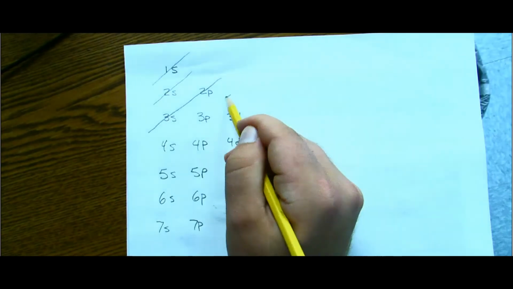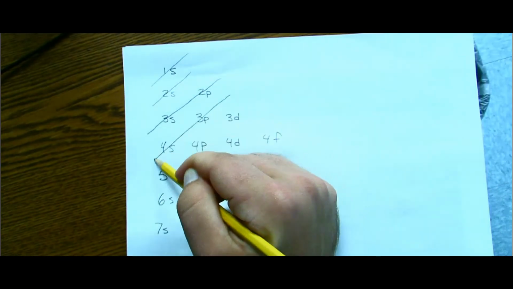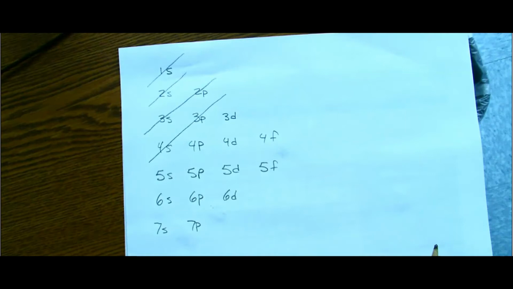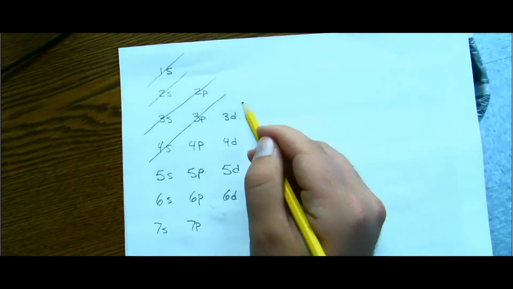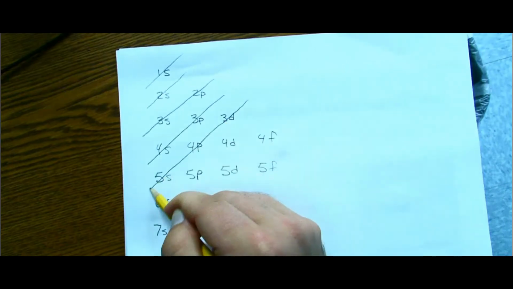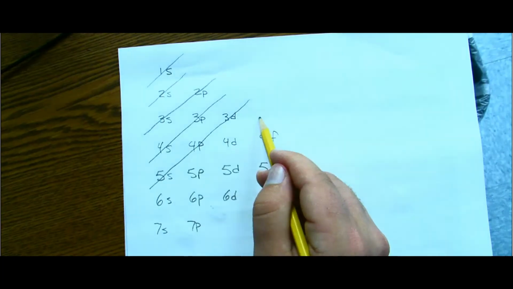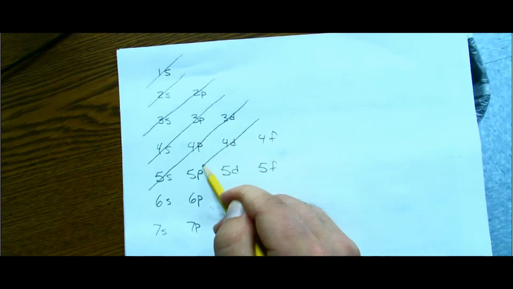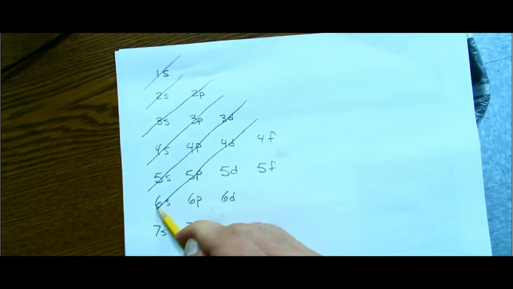Then you run through 3p and 4s. Then you run through 3d, 4p, 5s. Then you run through 4d, 5p, 6s.